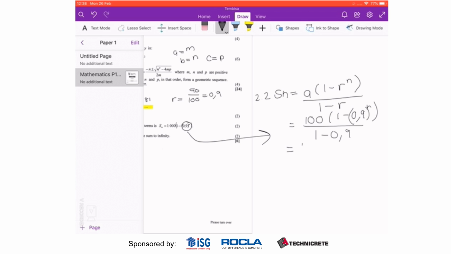Okay, so the only thing that we can calculate here now is my bottom. And my bottom is 1 minus 0.9, which is going to give me 0.1. Now we can simplify here. So 100 divided by 0.1 is going to give me 1000. I'm going to be left with 1 minus 0.9 to the power of n.